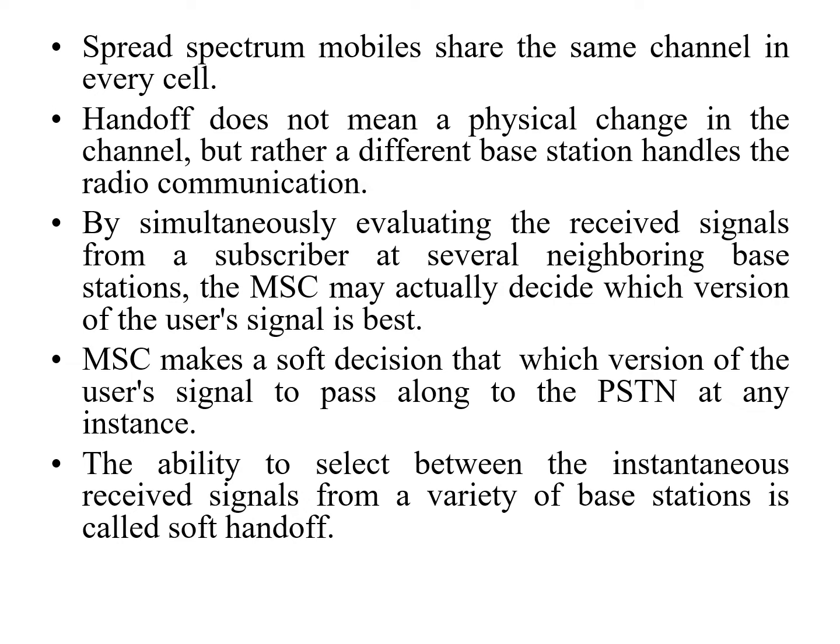By simultaneously evaluating the received signals from a subscriber at several neighboring base stations, the MSC may actually decide which version of the user signal is the best. The MSC makes a soft decision as to which version of the user signal to pass along to the PSTN at any instant. The ability to select between the instantaneous received signals from a variety of base stations is called soft handoff.